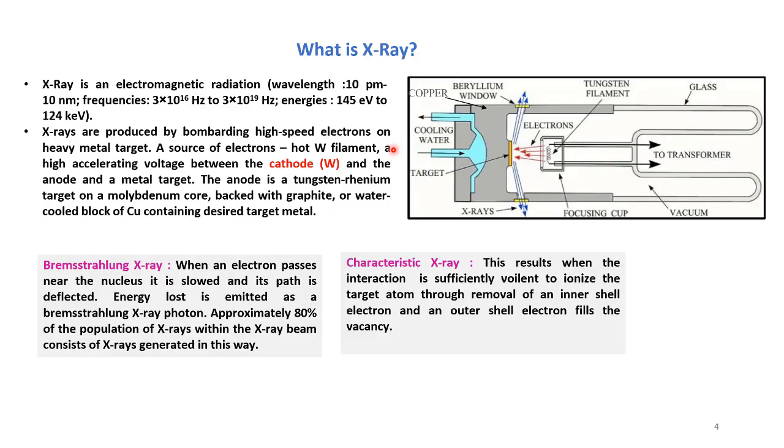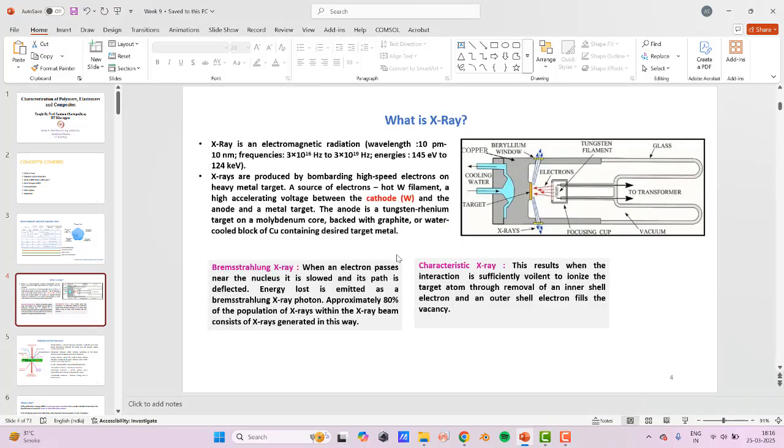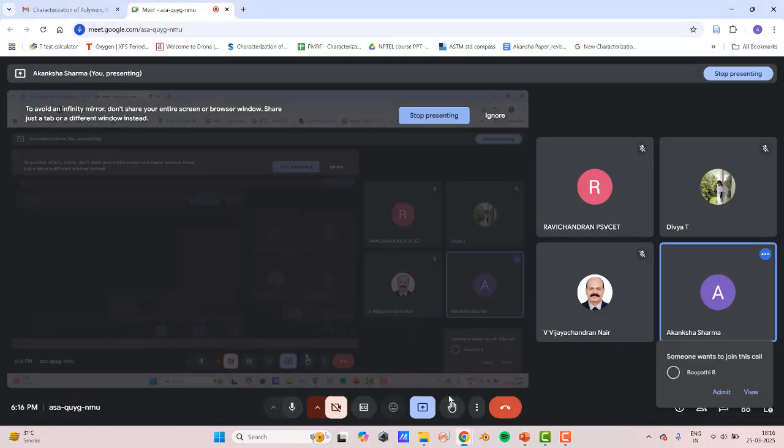This is basically an anode and cathode system, where we have a source of electron, which is the tungsten filament. Tungsten is the cathode basically, and that is the source of electron. And a very high voltage is applied.